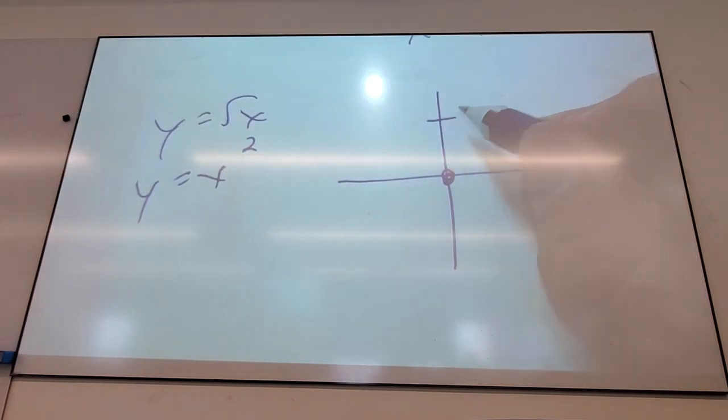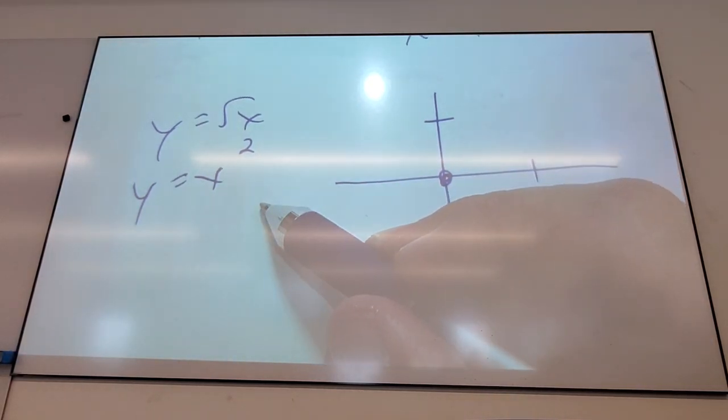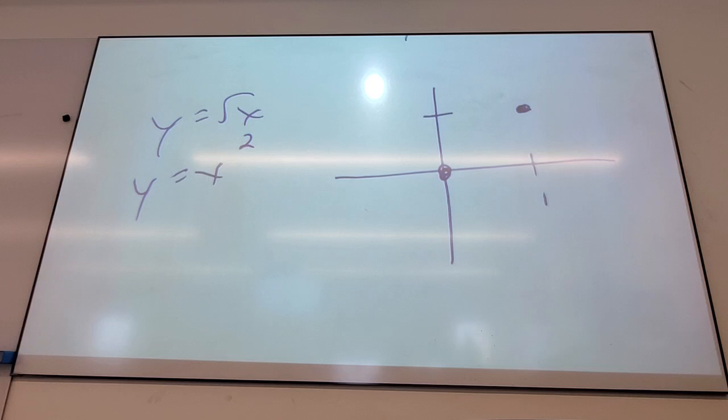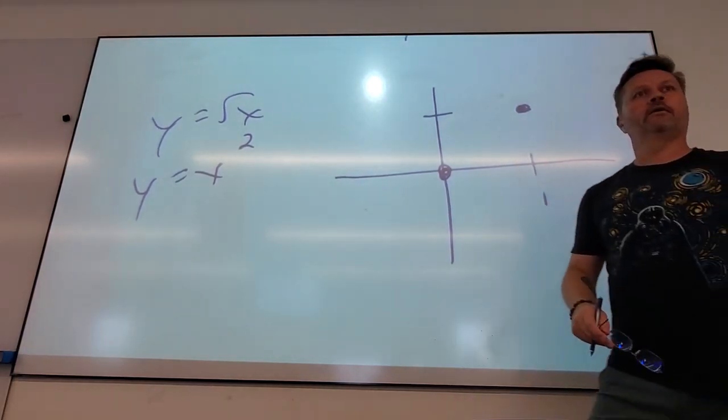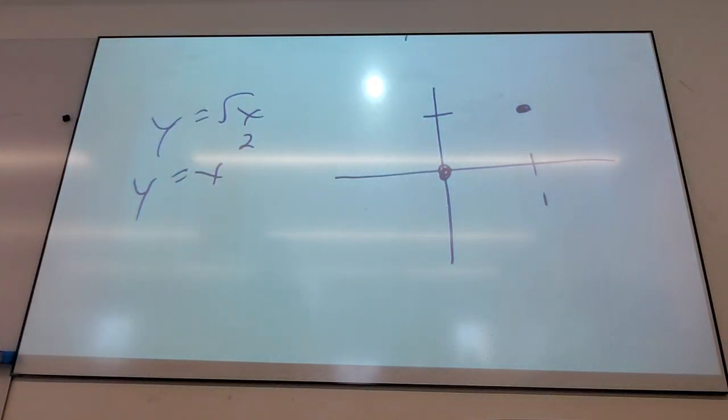So this is kind of dumb because we know what these look like. At 0, they're both 0, correct? At 1, they're both 1. So now it's just a question of connecting those correctly. Neither one of them is a straight line. Which one bows down? Which one is concave up? Which one bows down?